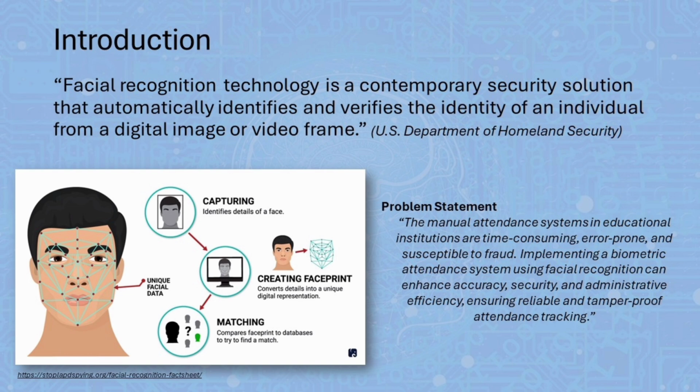Unauthorized access and fraud in educational settings pose severe risks. These threats can lead to compromised student records, unauthorized grade changes, and even identity theft. Such security breaches erode trust in the institution and can result in significant financial as well as reputational damage.